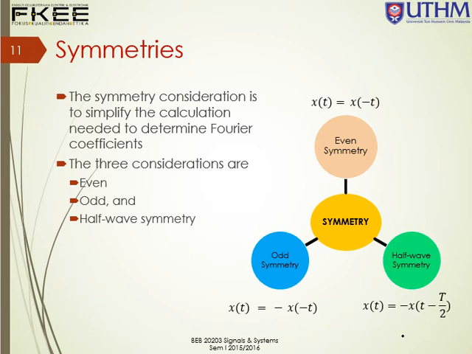For half wave symmetric, you have the original signal, and then you do a transformation where you shift your signal by half of your total cycle T, so you shift by T over 2. And then after that you multiply with negative, and you will get back your original signal.